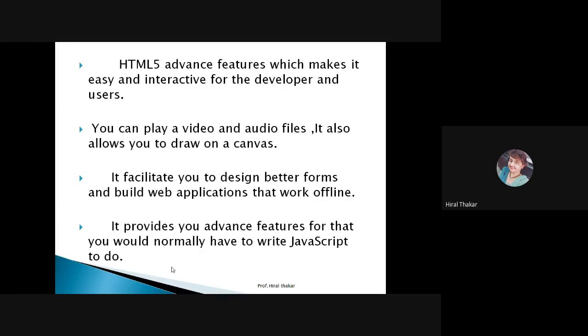But when HTML5 came, many things became available with HTML only. Not everything was there, right? But it provides some normal features so that you don't have to write separate JavaScript code. So these are the facilities provided by HTML5.